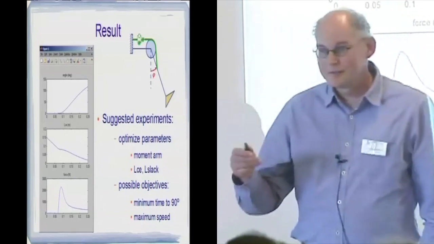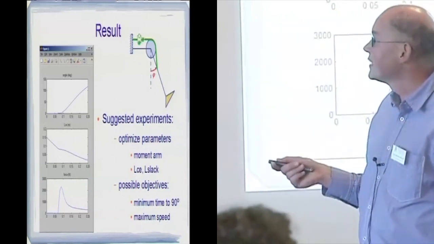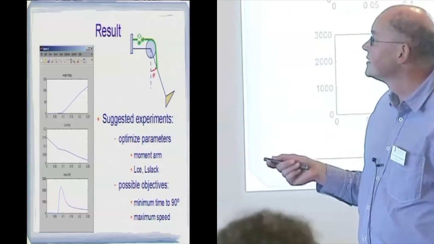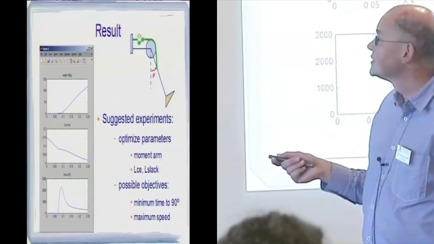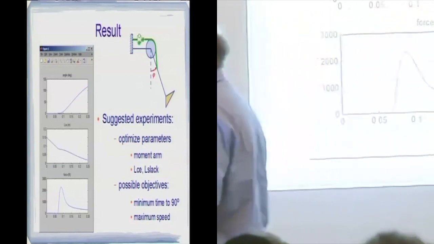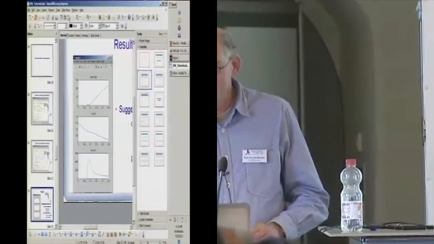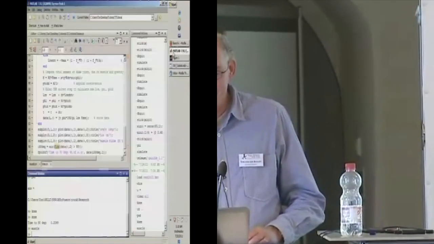I'm going to try some input from the people here. What you have here is 90 degrees, full extension. It takes about 200 milliseconds to reach full extension with this model. I go to MATLAB here.